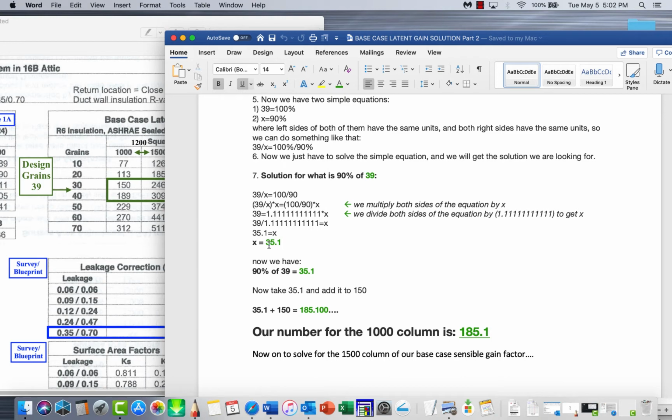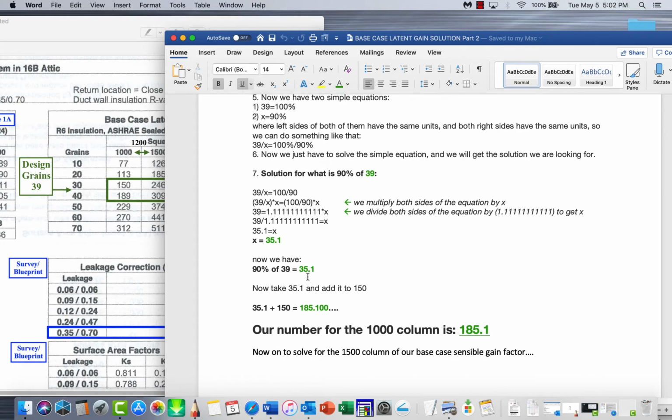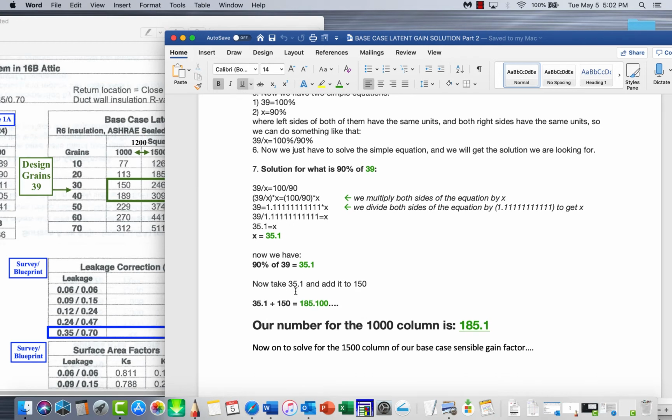Once we get to the bottom, it's 35.1. So 90% of 39 is 35.1. Now you take that 35.1, you add it to the original 50 right there, and we end up with 185.10. So our number for this column, the number that's 90% in between both of these numbers, is 185.1.